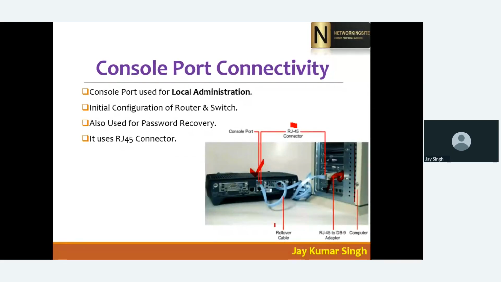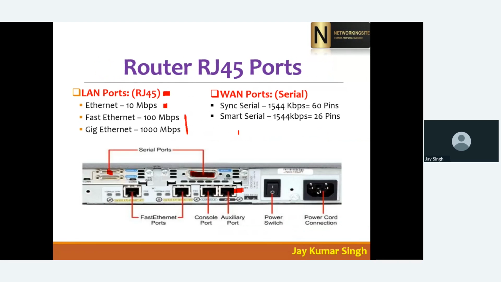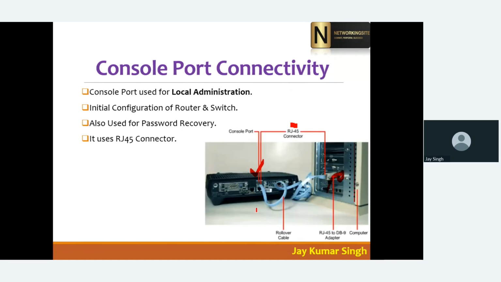See, everything is RJ45. Auxiliary is also RJ45, console is also RJ45, Ethernet is also RJ45, fast Ethernet is also RJ45. But it's not that you can connect any cable anywhere. No, each and every port has it written there that this cable is used for this purpose.